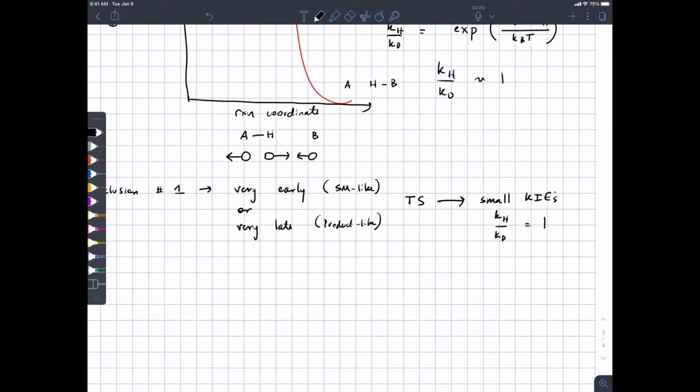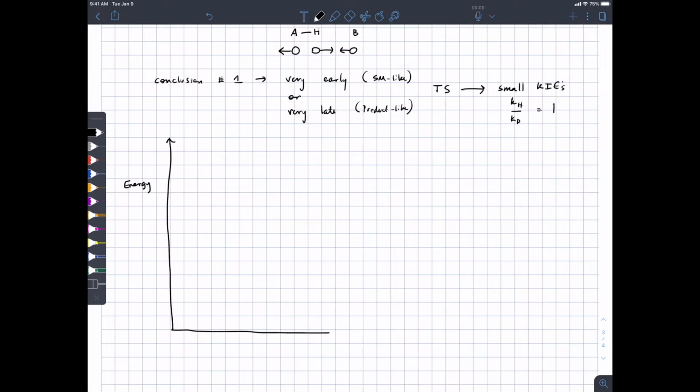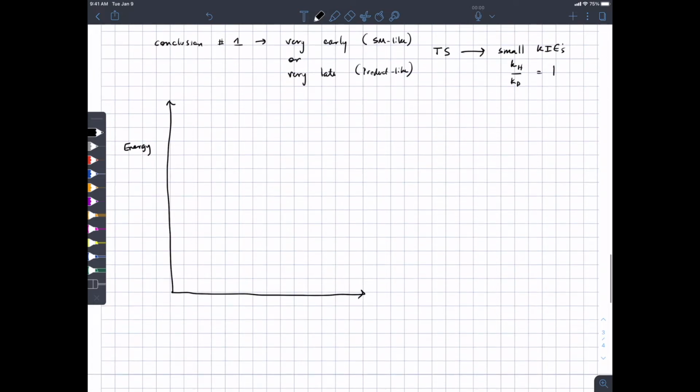Okay, so what's a situation where it might be huge? Imagine a reaction where the transition state doesn't closely resemble starting material or product. Energy here, on this axis is the reaction coordinate.